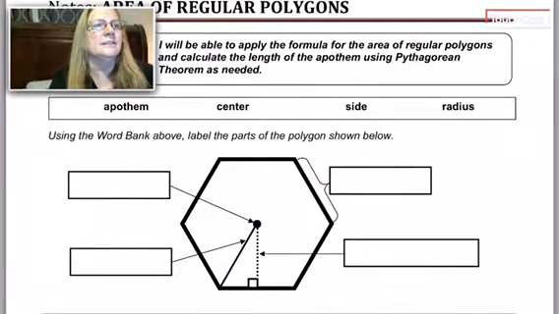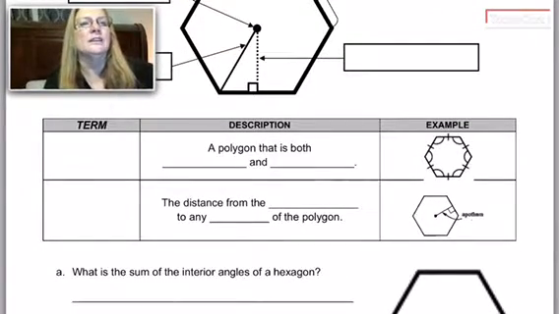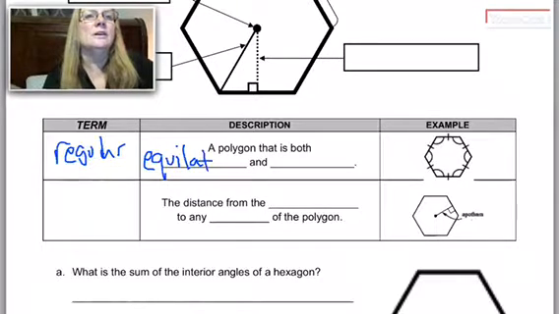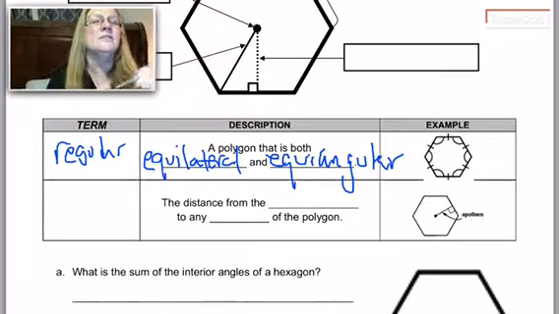Okay, let's look next. We define regular polygon. We've done this before, but a regular polygon is a polygon that is both equilateral and equiangular. In other words, all of the sides have the same measure and all of the angles have the same measure.